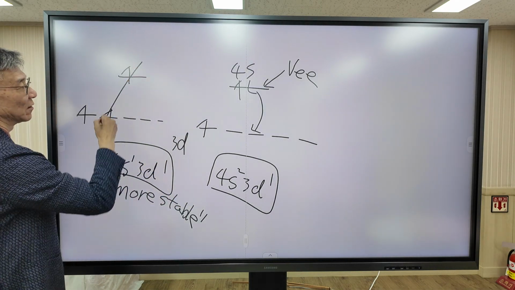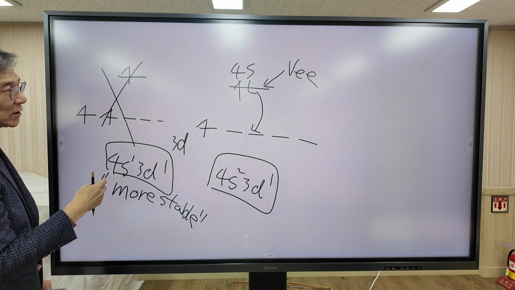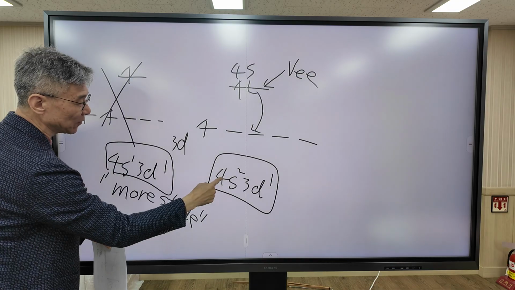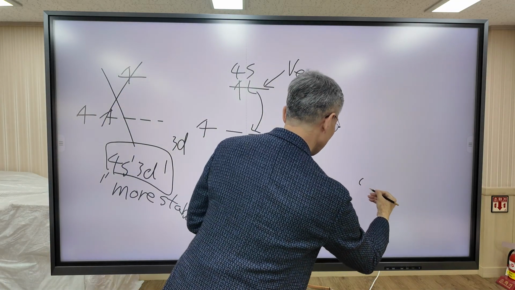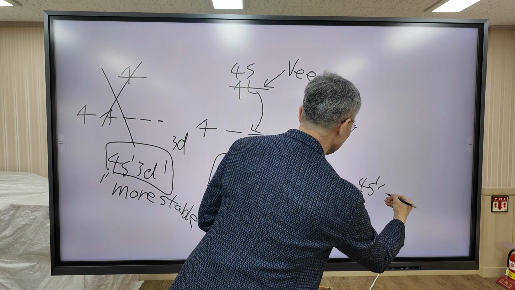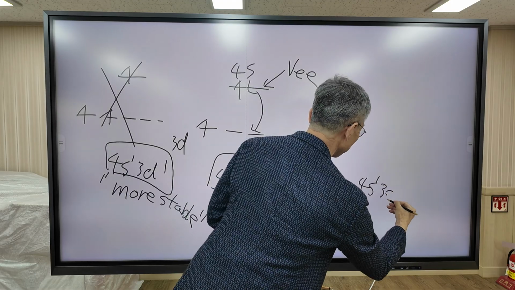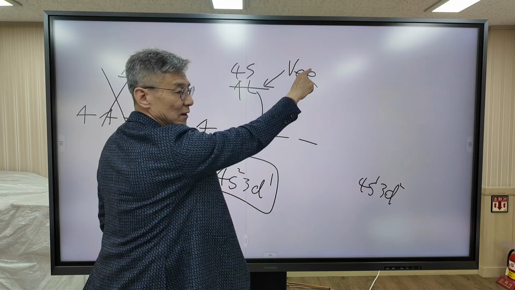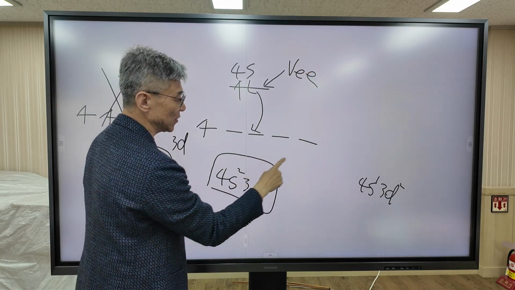But this is wrong. The actual situation appears on the right. When the configuration changes from 4s2 3d1 to 4s1 3d2, the orbital energy increases.